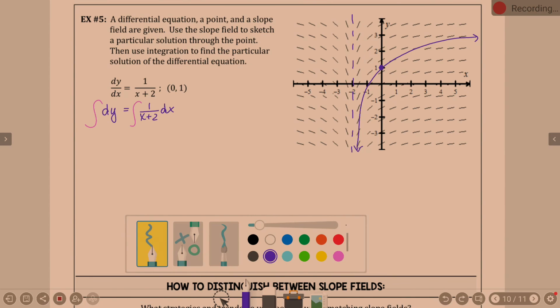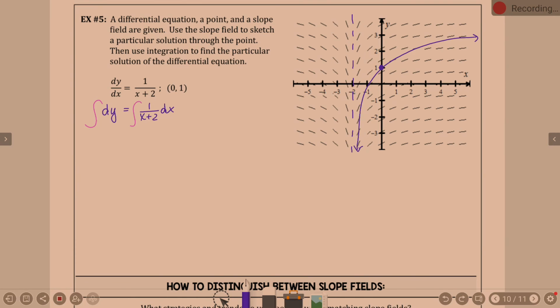What's the integral of dy? Or what's the integral of 1 with respect to y, I should say? What's the integral of 1 over x plus 2? I can give you a hint here in a moment.